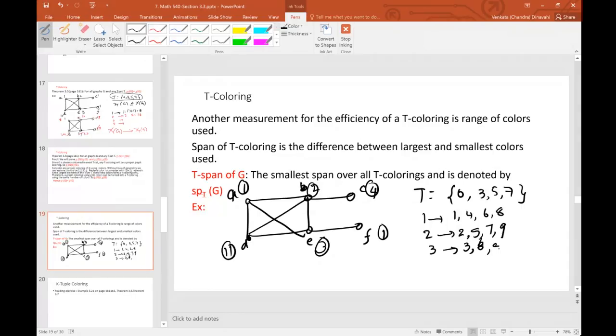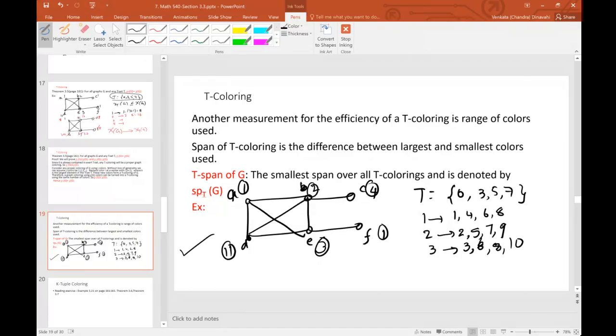Once I use color 3, anything adjacent to 3 cannot have 3 plus 3 is 6, 3 plus 5 is 8, or 10. So the smallest numbers which can be assigned to the vertices are 1, 2, 4, 1, 3, and 11. I want to leave this as an exercise for you to look into.